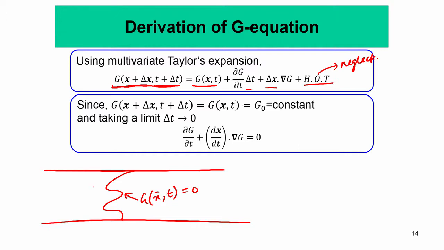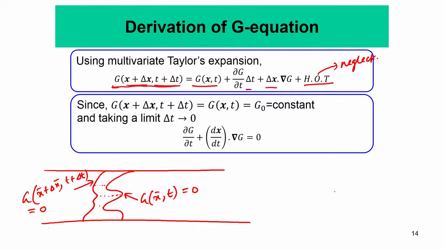Now, when this surface moves, we will say after some small delta t or some big delta t, it moves to G(x plus delta x, t plus delta t). It has moved this much. The value it will take, because it is a level set function, is still equal to 0.